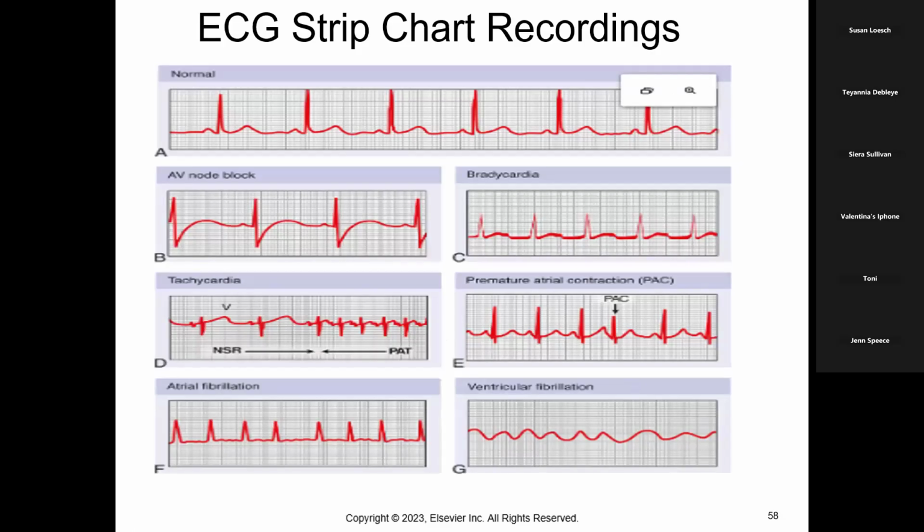If you look at these different strips, you can see the top one is normal. So on the top one, you have your P wave, you have your QRS, you have your T wave. If you look at these ones below, they're missing. Each of them are missing different components, or there's extra components, one of the two.